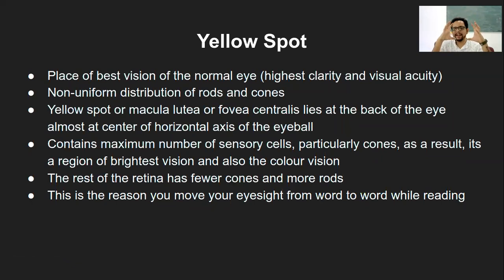When the pupil is dilated, more of the retina is exposed, and any cones in that region will not be very functional because cones are not responsible for dim light. If rod cells are present maximally in the whole region around the yellow spot, due to the dilated pupil, they will take in the maximum signal and you should be able to see better in dim light. So that is the function of the yellow spot.